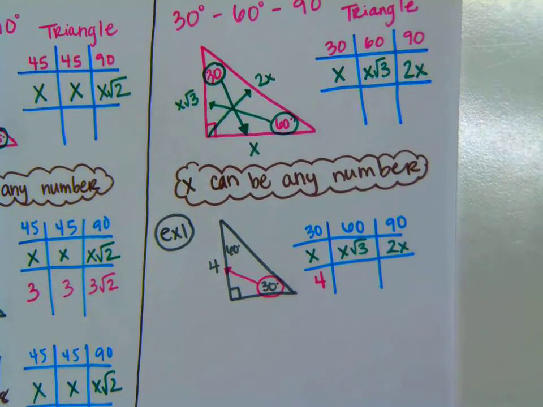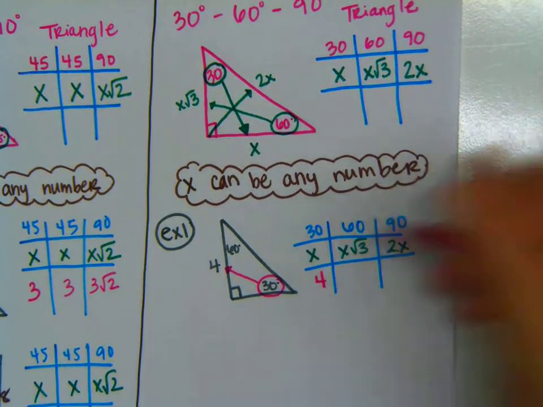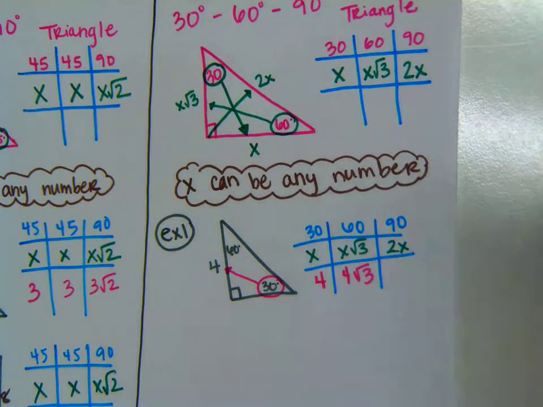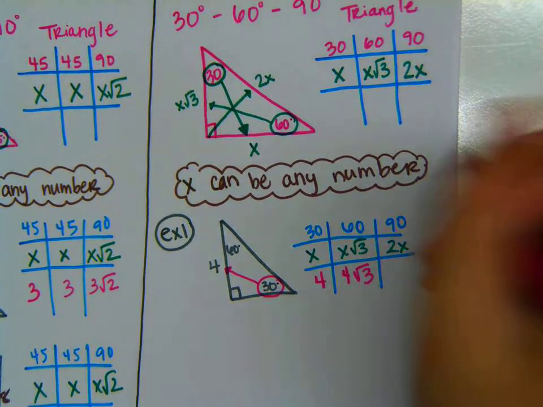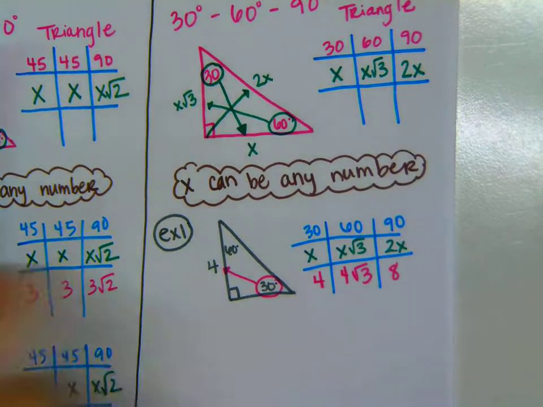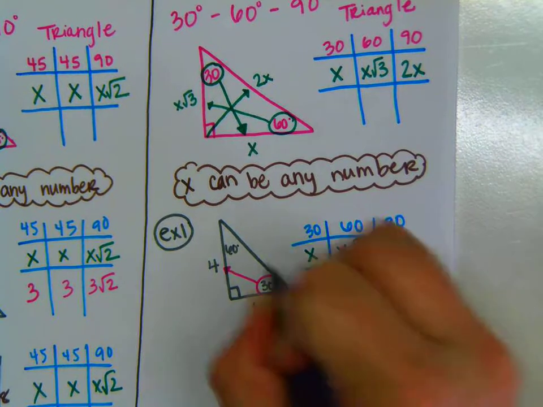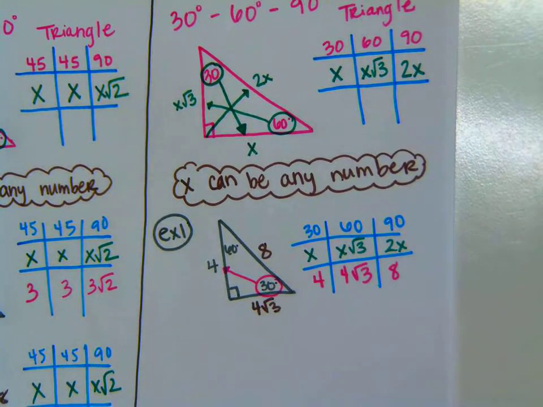So now that I know that, if that's 4, then what's underneath the 60? 4 root 3, and then the other one? 2 times 4, which is 8. Okay, and those are just going to go on my picture. 4 root 3 and 8. Questions?